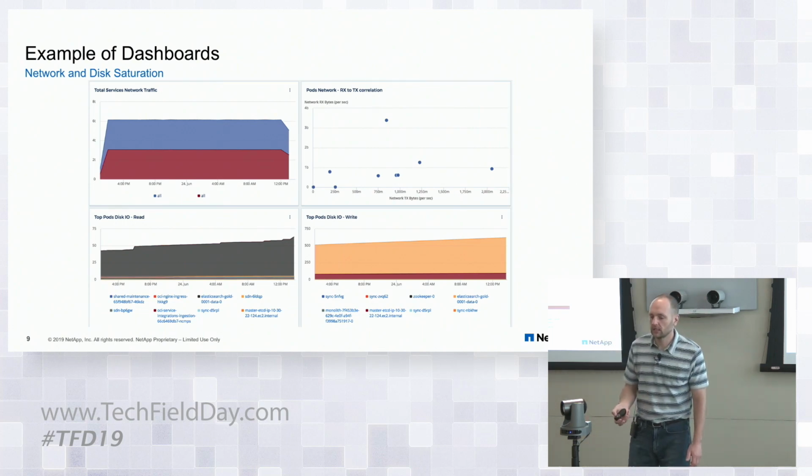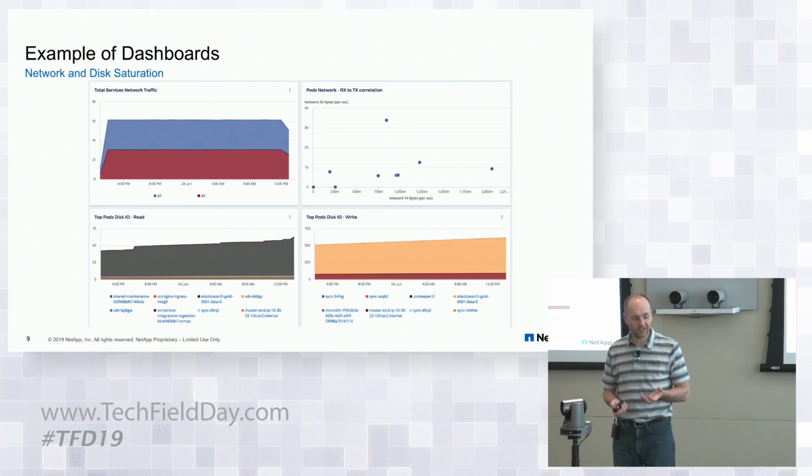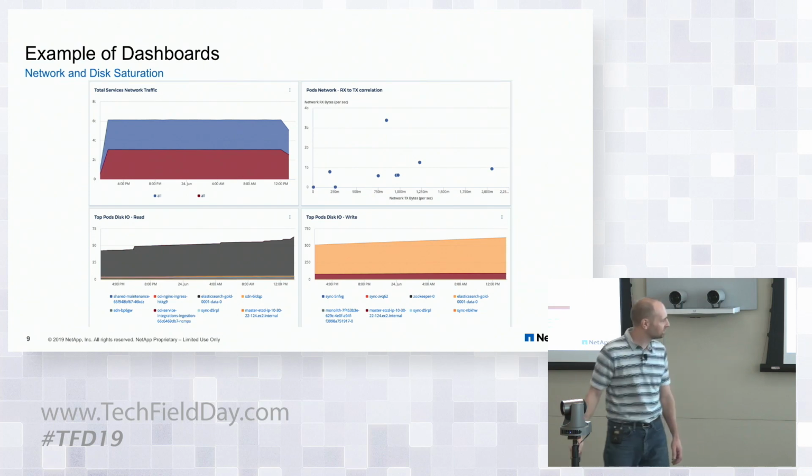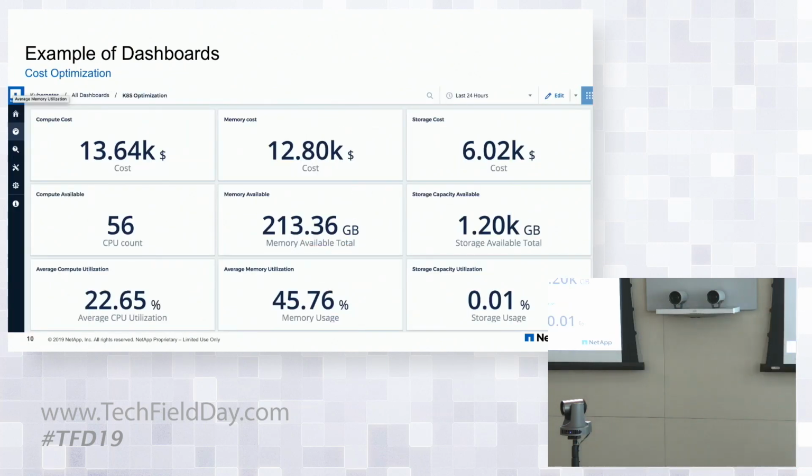Now, as I showed earlier, a lot of the stuff that we do is around monitoring, but we can also look at the optimization of that environment as well. So my final Kubernetes dashboard is all about the cost then.